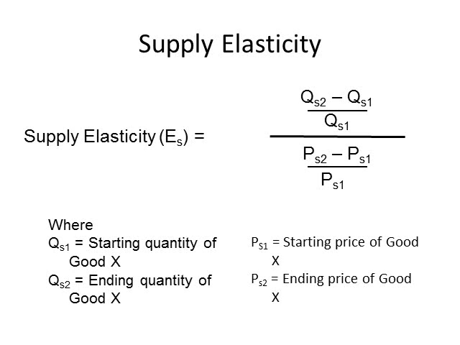A more useful formula is Q2 minus Q1 divided by Q1, divided by P2 minus P1 divided by P1. The S's in the formula indicate that these quantities and prices are related to supply.